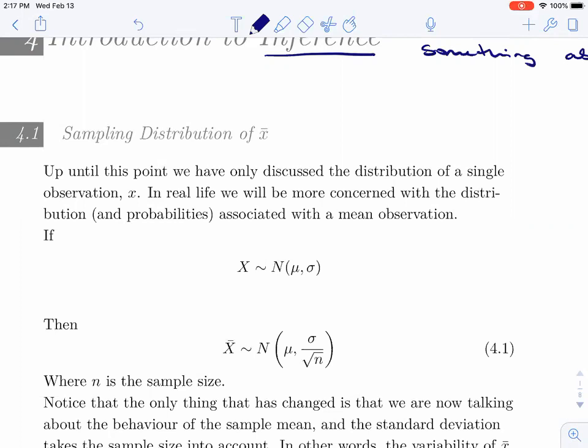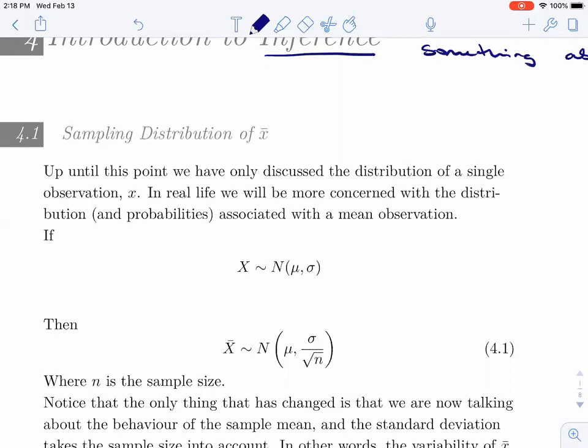So the mu stays the same, but the standard deviation of x bar, of the sample mean, becomes the standard deviation of a single observation over the square root of n. You can see how that gets kind of muddled, right? What we call this chunk here, the sigma over root n, is the standard error. So the standard error is just the standard deviation of x bar.